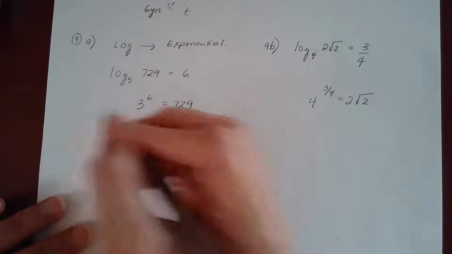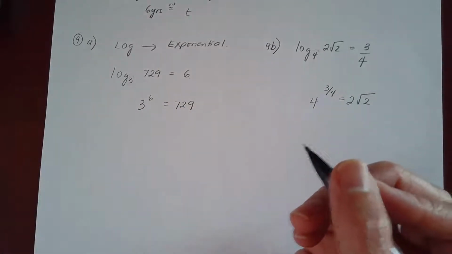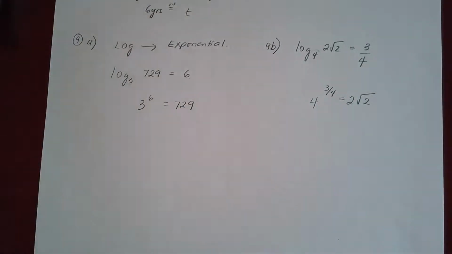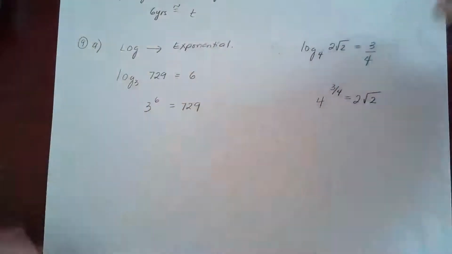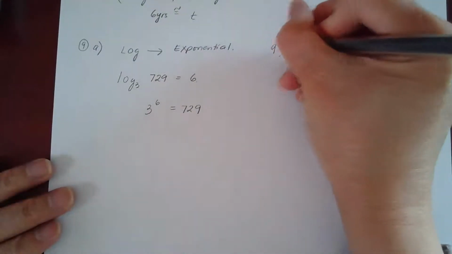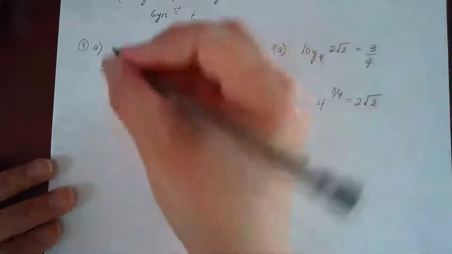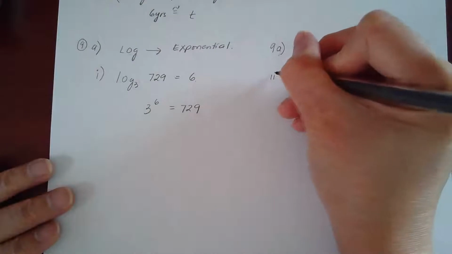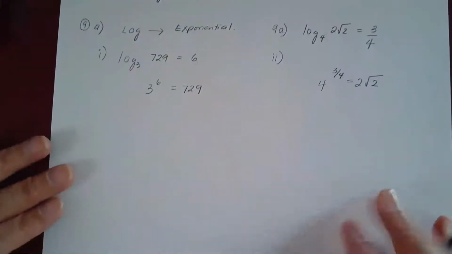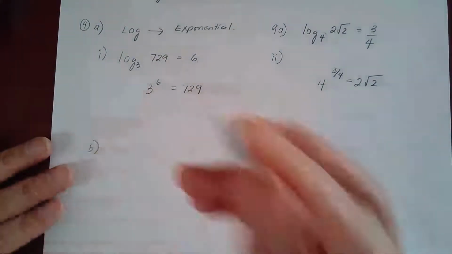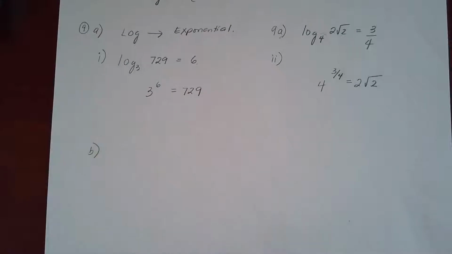Now, this is still 9A. Okay, now we're going to go to B. B says write the exponential form in logarithm form.